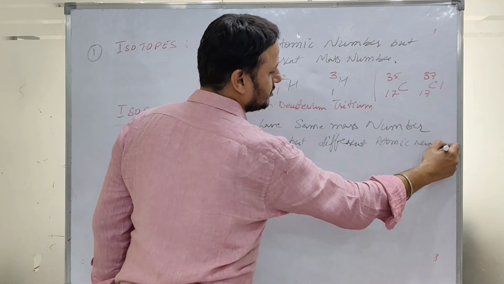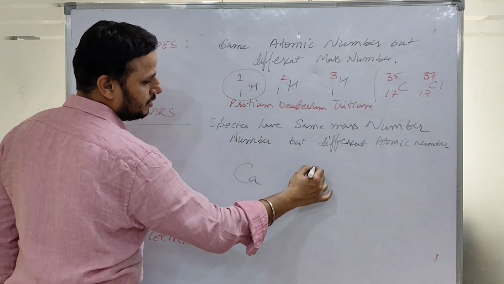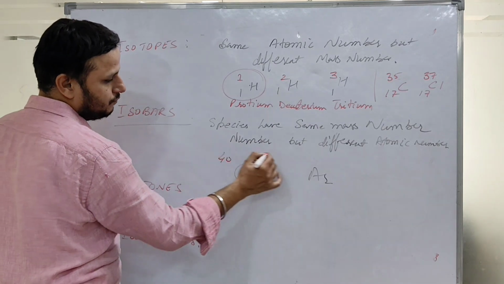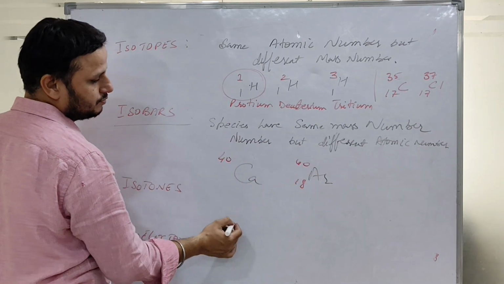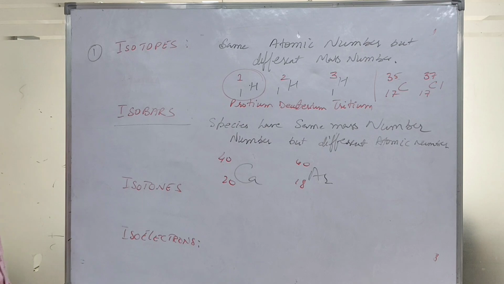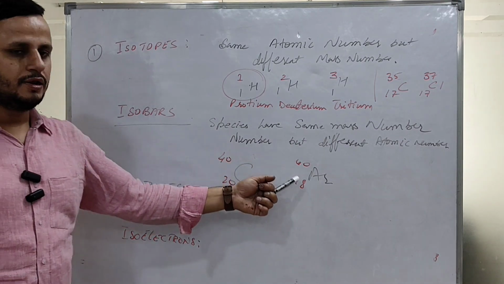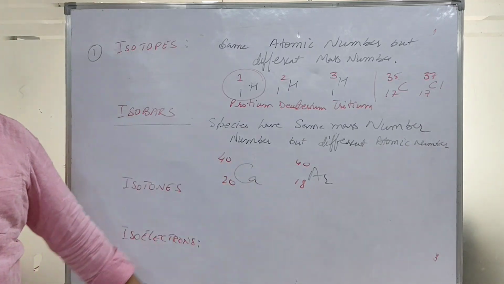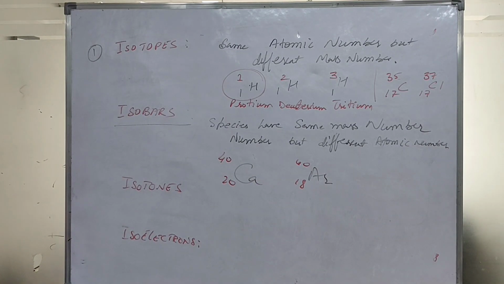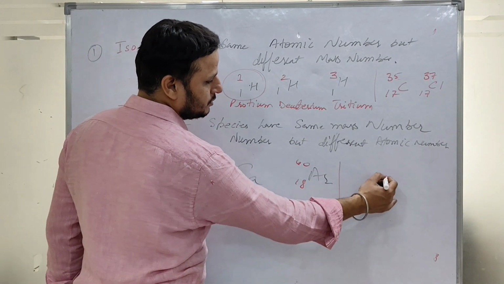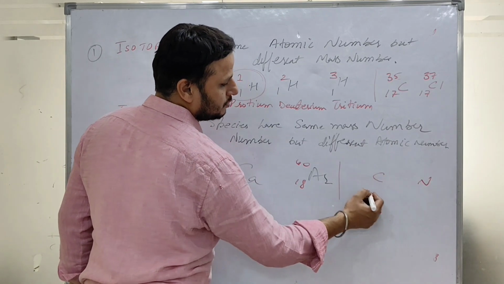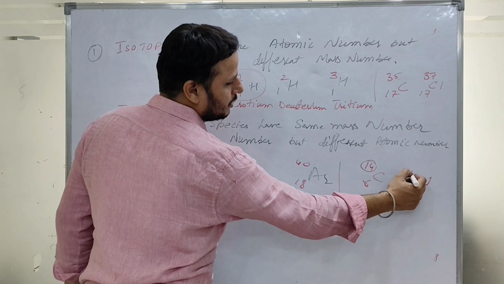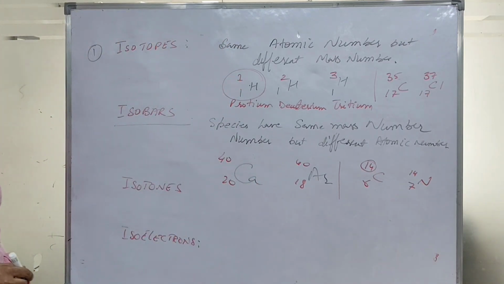For example, calcium and argon have the same mass number for both, but they are atoms of different elements. Atoms of different elements can also be similar, with the same mass number. This is an example of isobars. Similarly, carbon and nitrogen. One isotope of carbon having mass number 14 is an isobar with nitrogen.